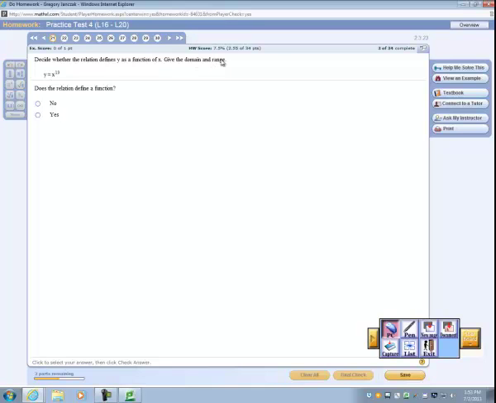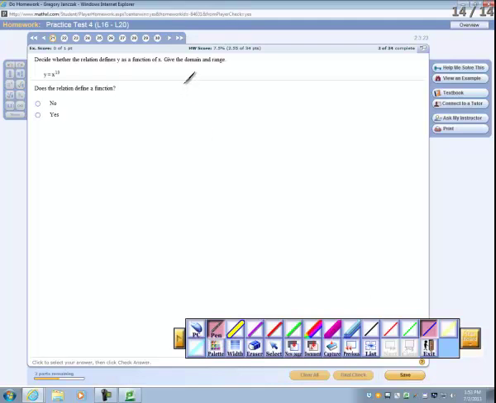Decide whether the relation defines a function. Now basically, as long as you don't get a y squared, right? Because y squared is like a sideways parabola. Or if you get plus or minus the square root of x, it's the same thing.